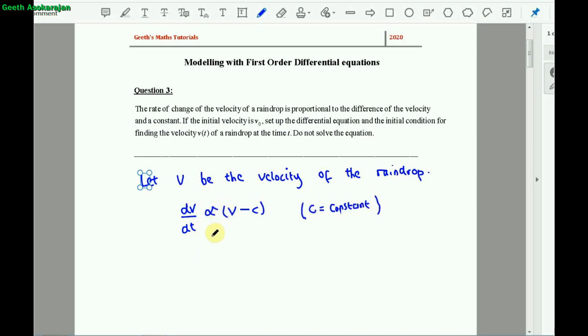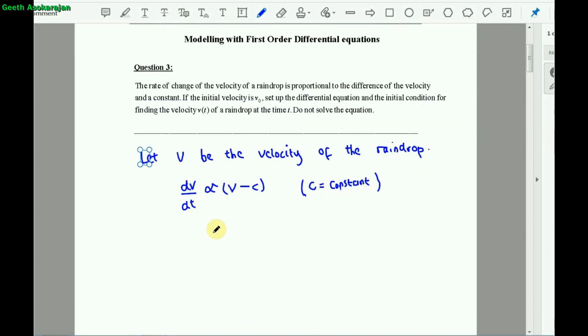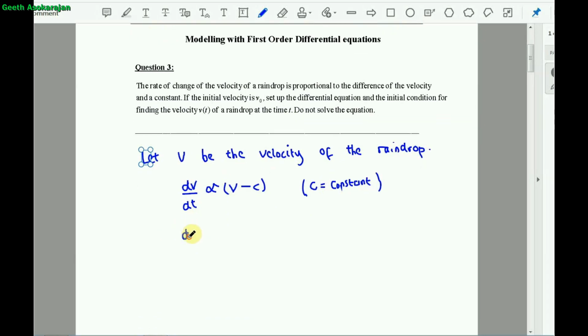So let's get rid of this proportionality sign. Moving to the next step, dv over dt is equal to, let's add a constant of proportionality. So k is our constant of proportionality, k into v minus c. So k is our proportionality constant.